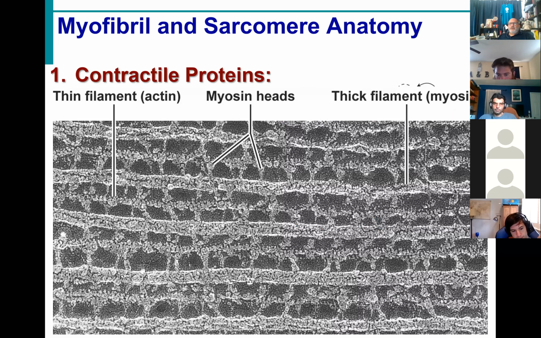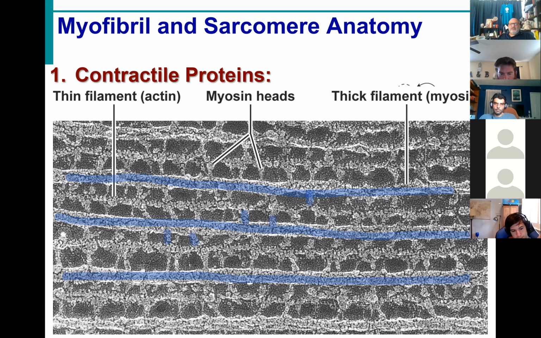Electron microscopy view. When we're looking under this electron microscope, we can see very clearly the interaction between our big thick filaments, that is our myosin here, and then we have the heads of those myosins coming off.